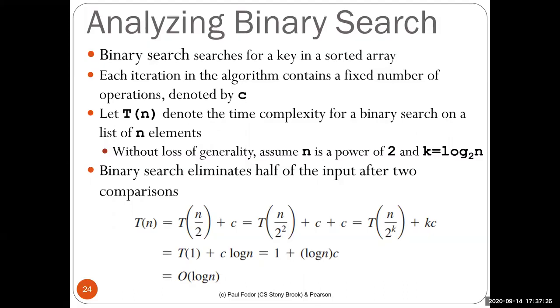So the worst case complexity is that you have to compare the key with log base 2 of n elements. You don't need to compare it with all the elements. And that's why the complexity of binary search is logarithmic, it's not linear.